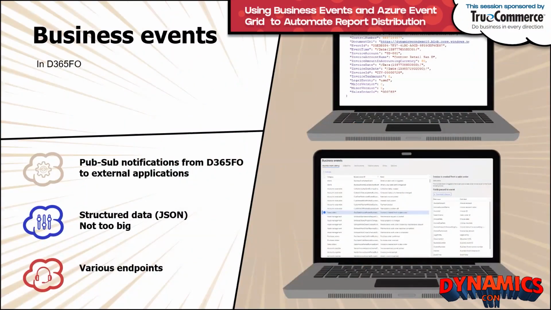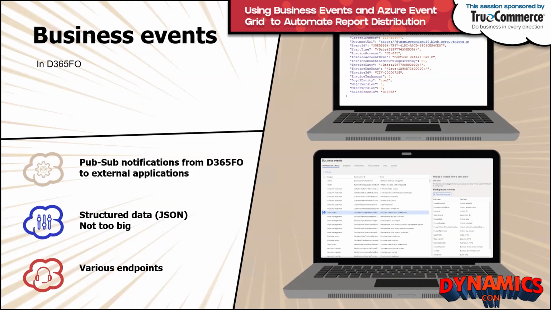So, how can we implement a publish-subscribe integration with your F&O? This session talks about business events and Event Grid, and these are actually two publish-subscribe technologies. Finance and operations provide a business events mechanism that lets external systems receive notifications called events when something important happens. For example, when a workflow is approved, when a purchase order is confirmed, or when you post a sales invoice. An event definition defines the fields that will be contained in the event when it is triggered.